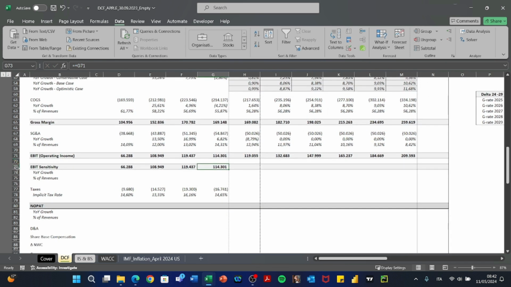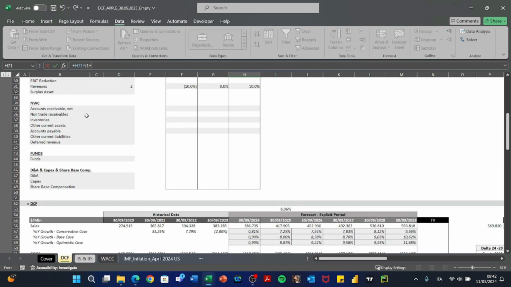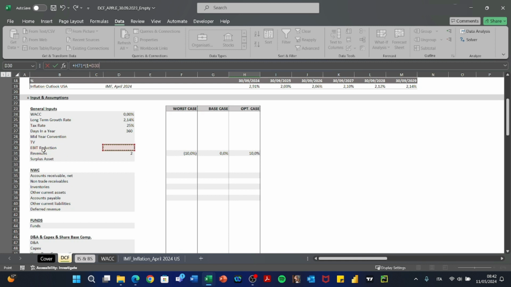I've added this other row because I want to add the possibility of sensitizing the EBIT. So you should do this +1 plus EBIT reduction.